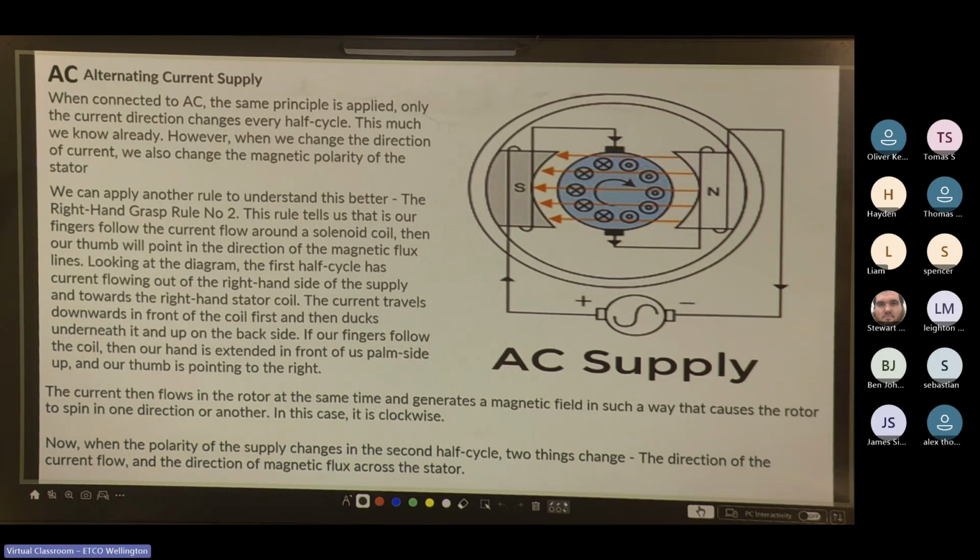The current then flows in the rotor at the same time and generates a magnetic field in such a way that causes the rotor to spin in one direction or another. In this case, it is clockwise. Now, when the polarity of the supply changes in the second half cycle, two things change: the direction of current flow and the direction of the magnetic flux across the stator.